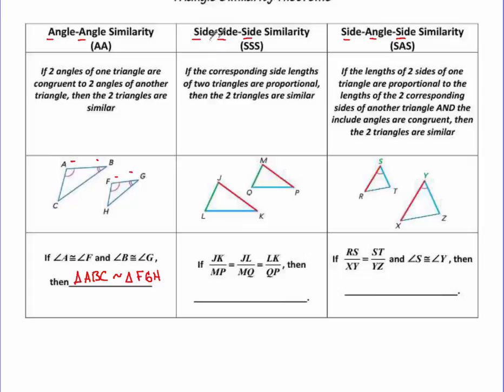Okay, the next one is side, side, side similarity. And in that one, you have one, two, three sets of sides that are proportional to each other. So that would be like if this was 4 and this was 2 and this was 6 and this was 3, and then let's say this was 8 and this was 4.